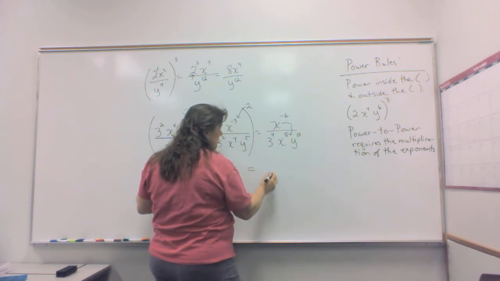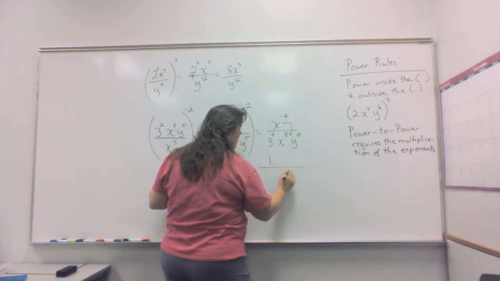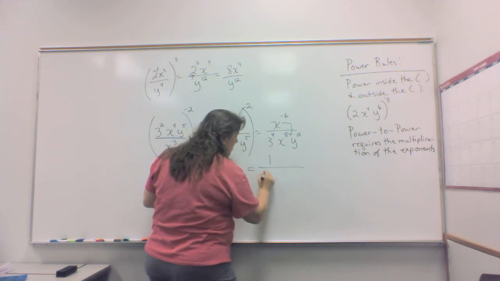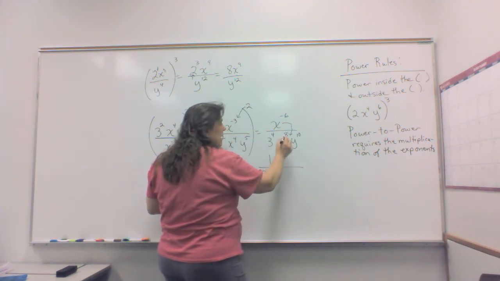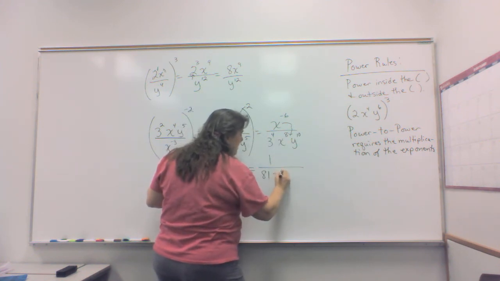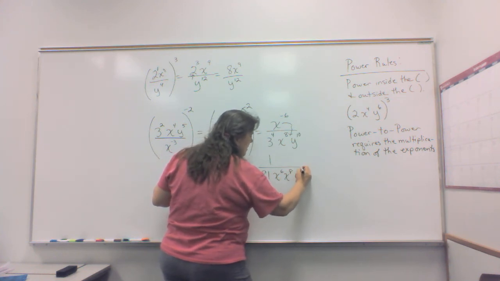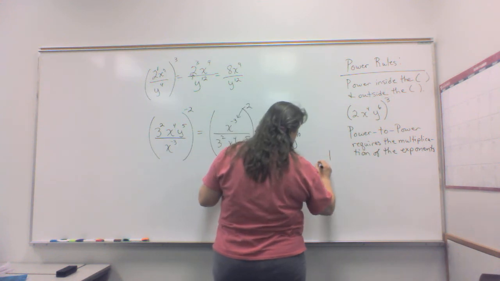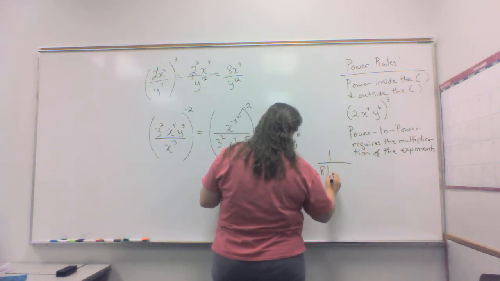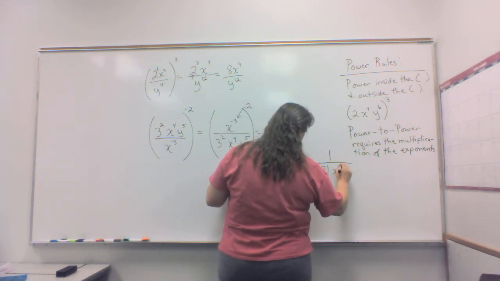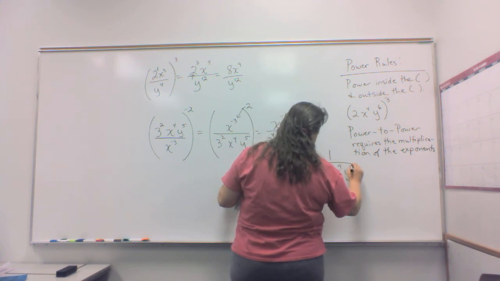So this is going to be 1 on top over 3 to the 4th power, which is 81, and I now have x to the 6th, x to the 8th, and y to the 10th, which is going to equal 1 over 81 times x to the 14th and y to the 10th.